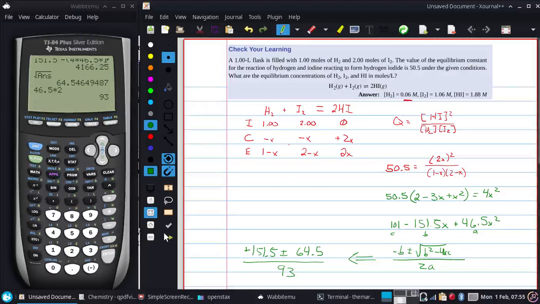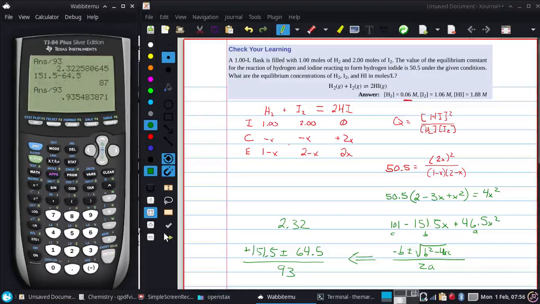So I'm going to do plus first. 151.5 plus 64.5, and then divide by 93, and I get a root of 2.32, and then 151.5 minus 64.5, and I get 87 divided by 93.